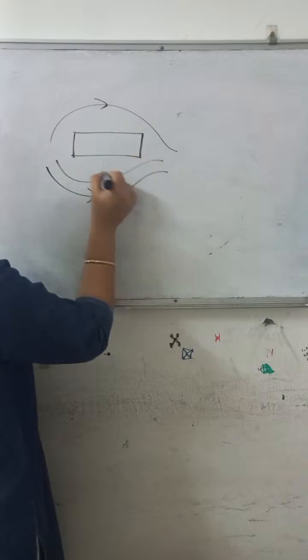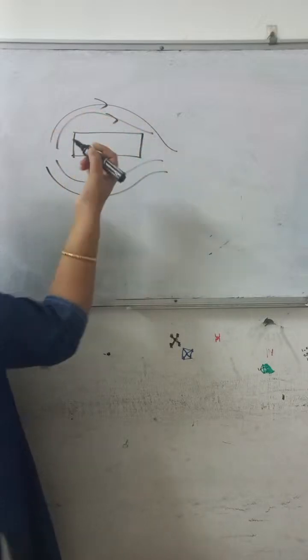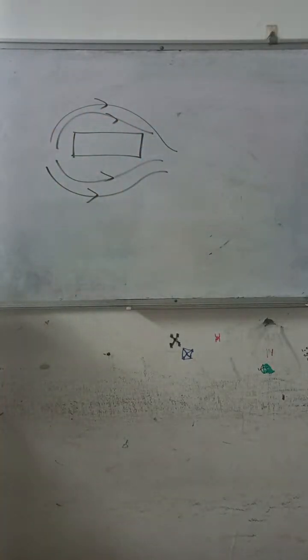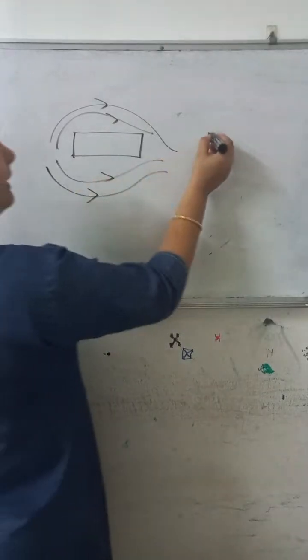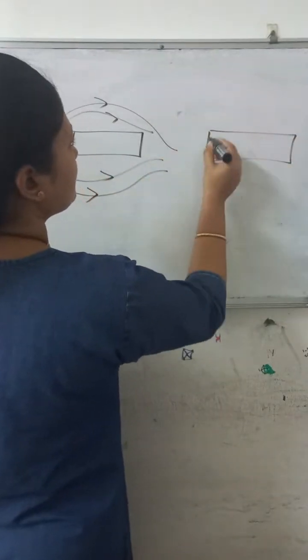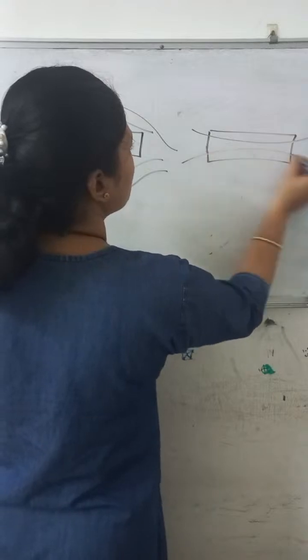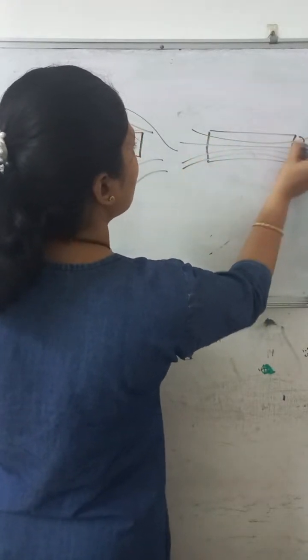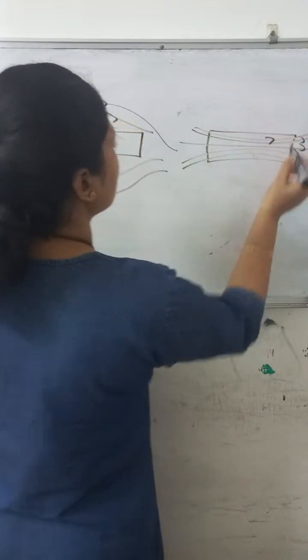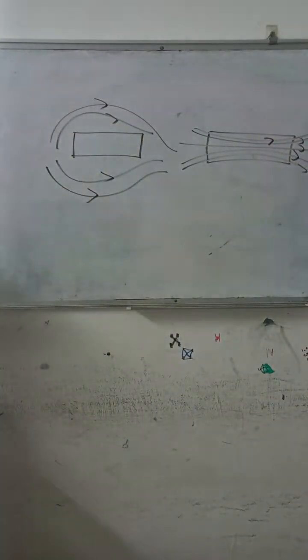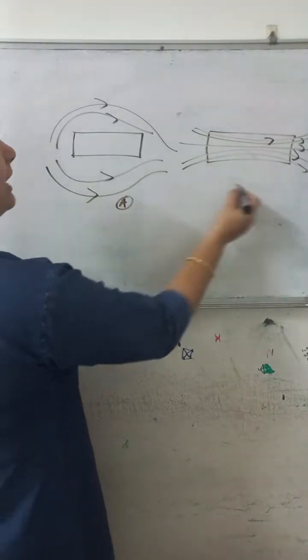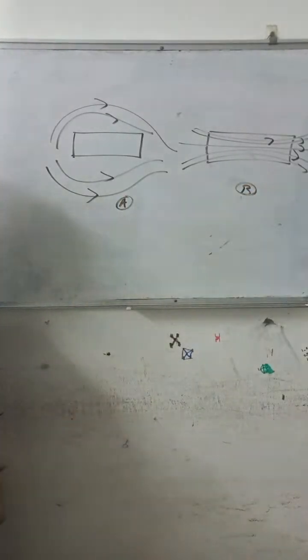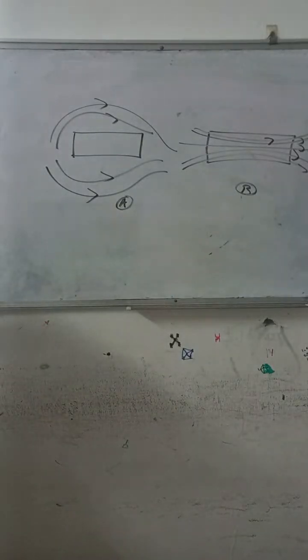They gave us the diagram, and from that you have to identify which material it is, and once you identify, then you can relate. This is specimen A and this is specimen B, and they are asking to identify specimens A and B.